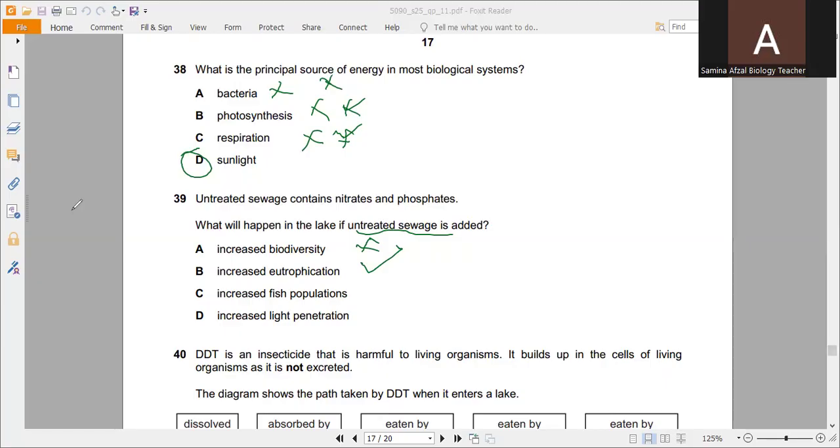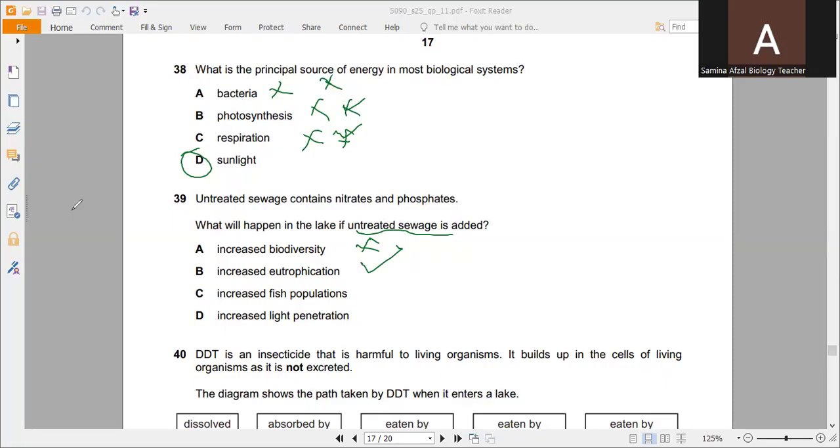Nitrates and phosphates from untreated sewage, when they enter into the water, make the algae grow rapidly on the surface, blocking light penetration. As a result, the algae die, and bacteria decompose them and use up all the dissolved oxygen.